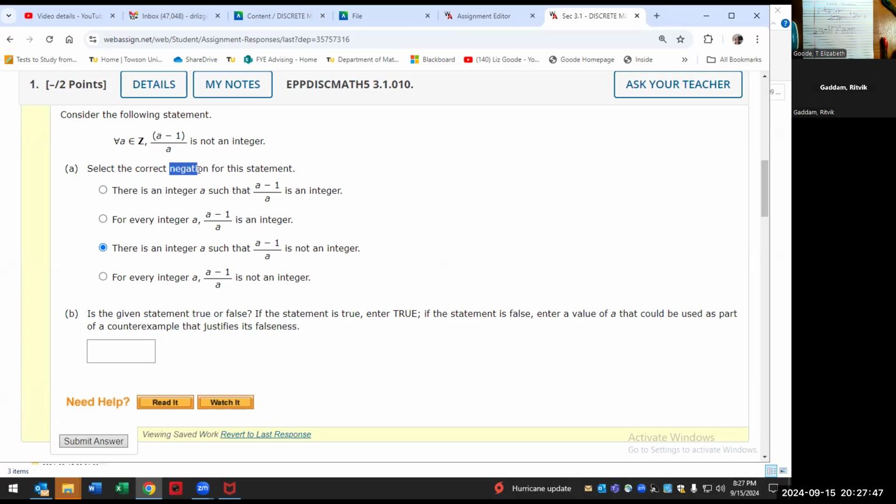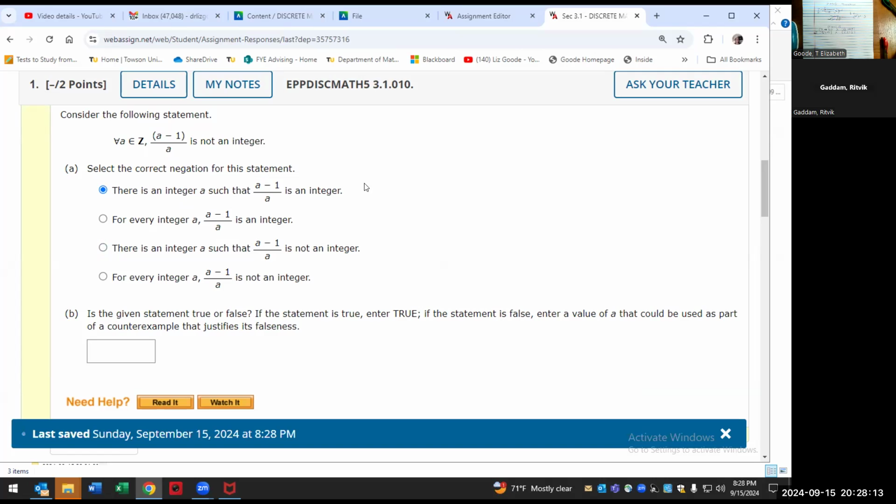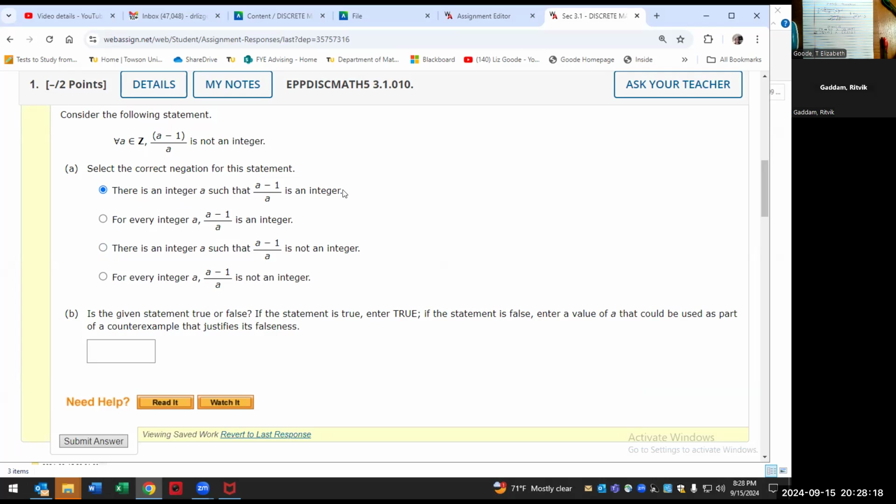So the correct answer is: there is an integer a such that a minus 1 divided by a is an integer. That's right, because the negation of is not an integer would be that it is an integer. You're right. So once you figure out the correct negation, sometimes it can be easier to figure out if the negation is true. Because if the negation is true, then that disproves the original.